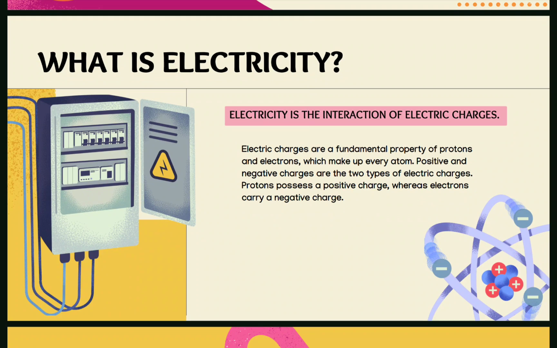These two, positive and negative charges, also known as protons and electrons, are the two different types of electric charges. Got it? Whenever the electric charges, some particles of positive charge known as protons and some of negative charge known as electrons, interact with each other, electricity is created.